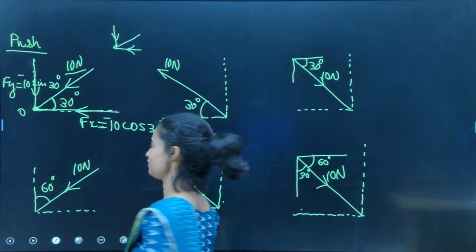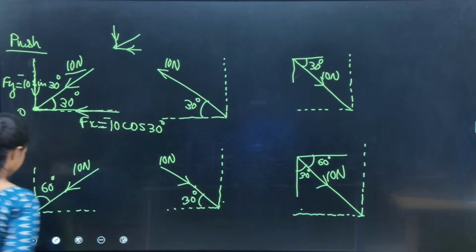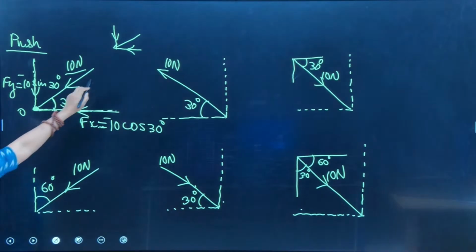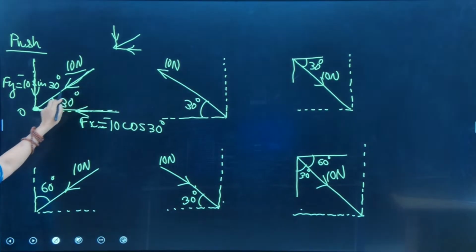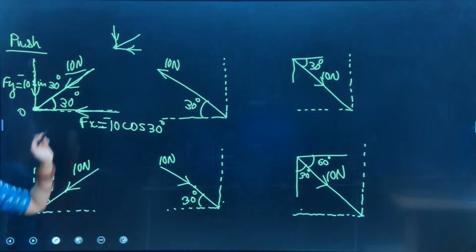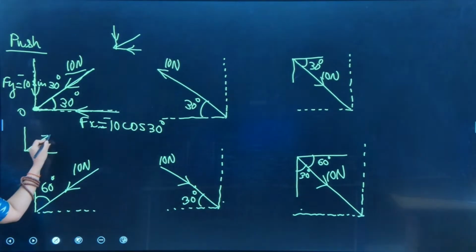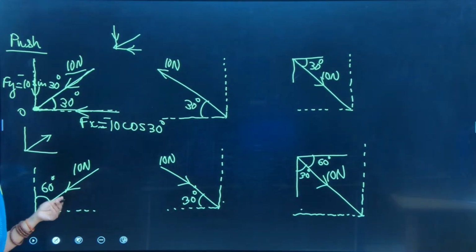Repeat again. Okay, fine. See, the force is push type in nature. The force is acting towards the point. Previously, whatever resolution we did was for a pull type force.